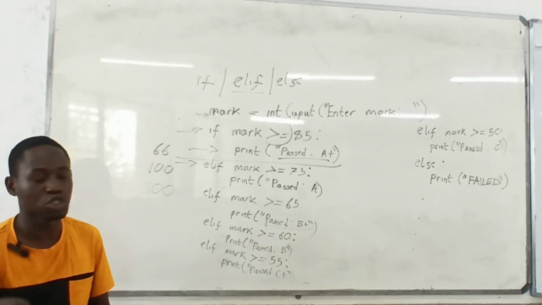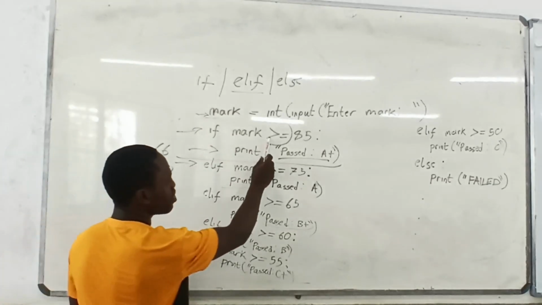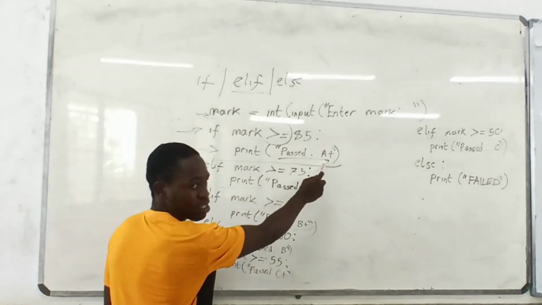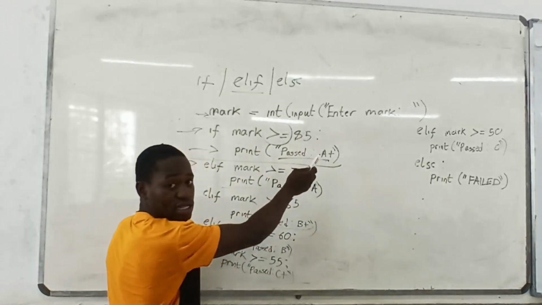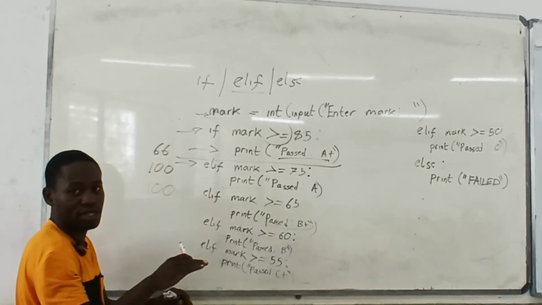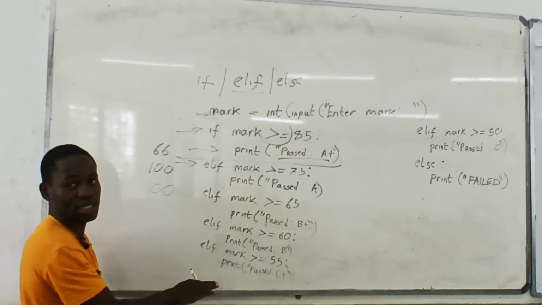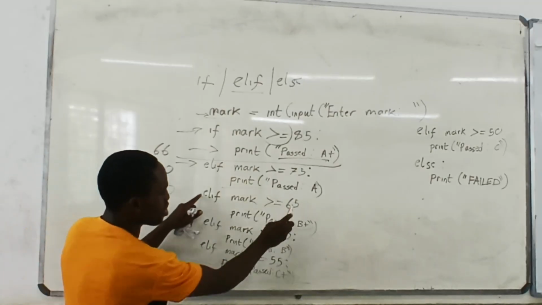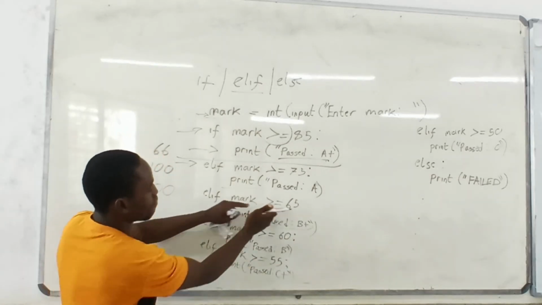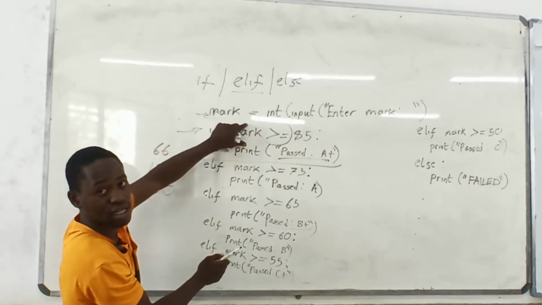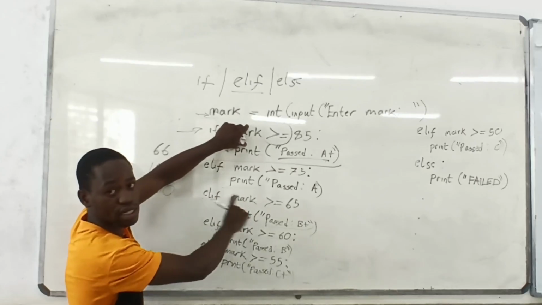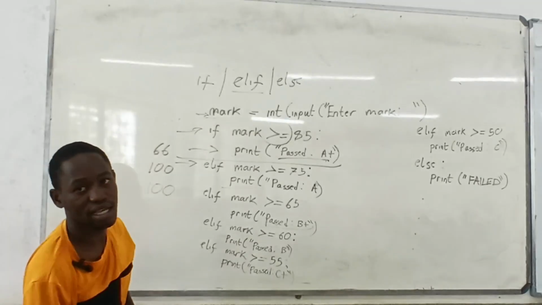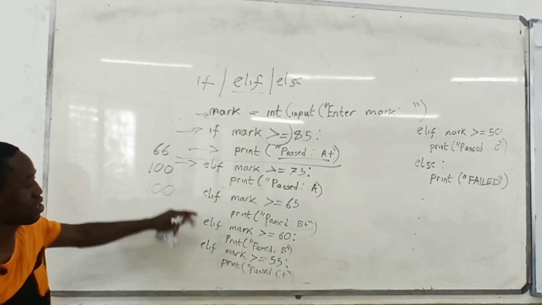When it reaches this, it will be like, is 100 greater than this? Yes, it is. Then it prints this. It means they passed. But while interpreting, even if it doesn't check the conditions, it checks if the syntax is correct. When it reaches the part without the condition, it won't be comparing, because it has already found the answer. It will just start checking if the syntax is correct, the grammar, and then it will give you a runtime error saying expected the colon on whatever line number this is.